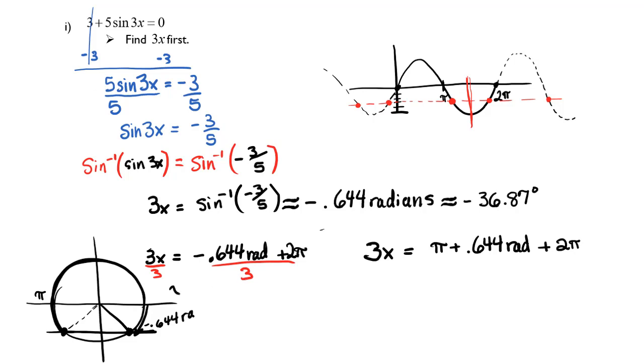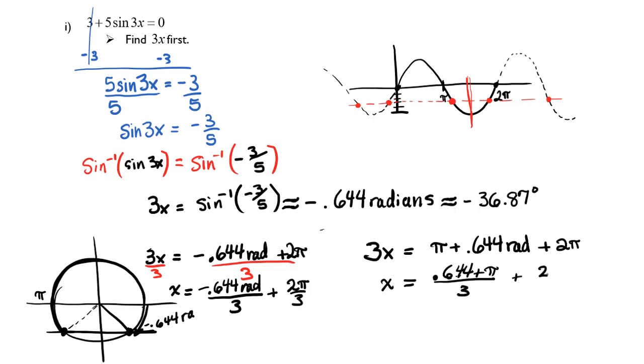And so the value of x is going to be -0.644 radians divided by 3 plus 2 pi over 3. That's one solution. And then the other solution will be x is equal to positive 0.644 plus pi divided by 3 plus 2 pi over 3.